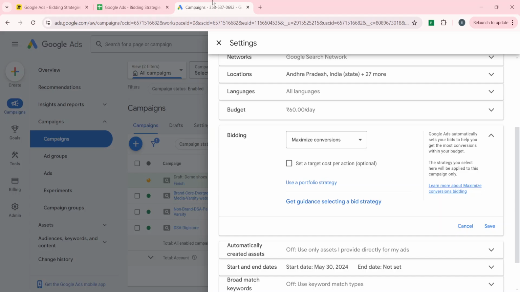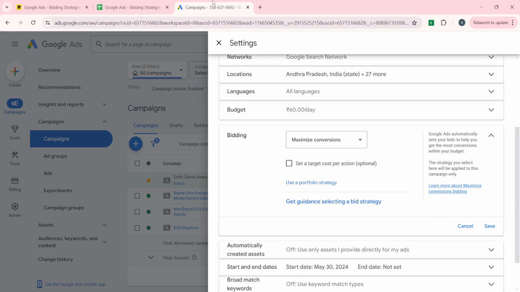When a lead form or a conversion happens, the algorithm tries to understand the user based on his historical data, his browsing history, his search query, his location, device, demographics, and interests. The algorithm puts everything together and tries to bring similar kinds of users every time a search comes.